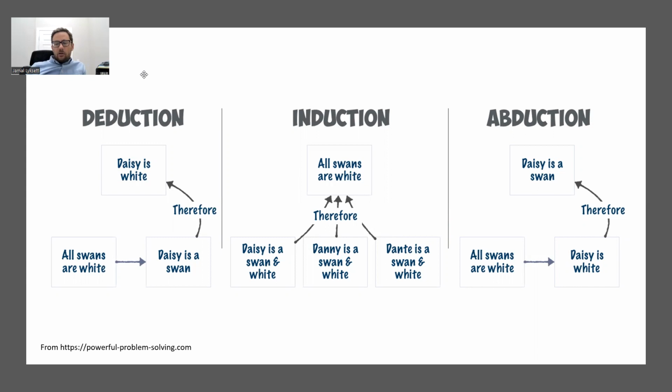Right? Clearly, we can't draw that conclusion certainly, right? But perhaps we can say, hey, if Daisy is a white creature and all swans are white, it's an okay chance that Daisy is a swan. The only way to be certain of that is if we said that swans and only swans are white.